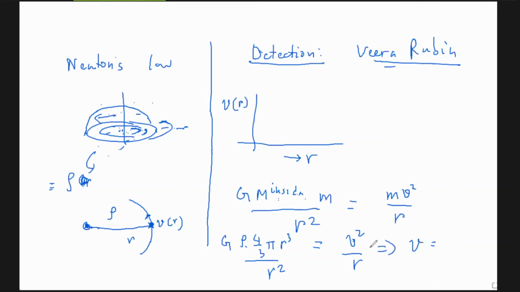But we are assuming a uniform density sphere. Even if you calculate it like a sphere, what will be the answer? Who can tell me as a function of R?